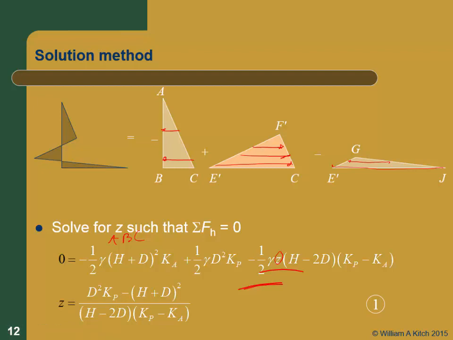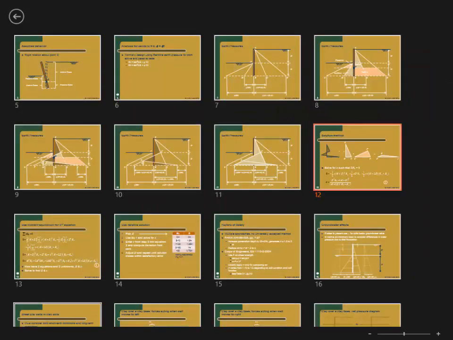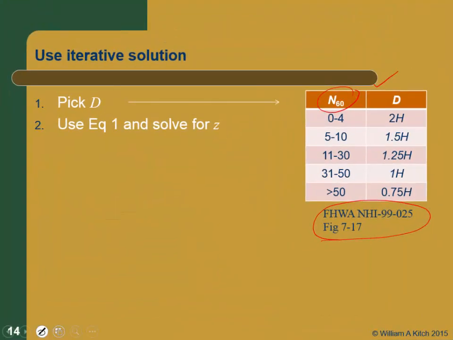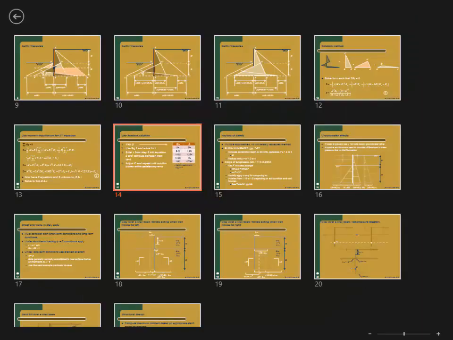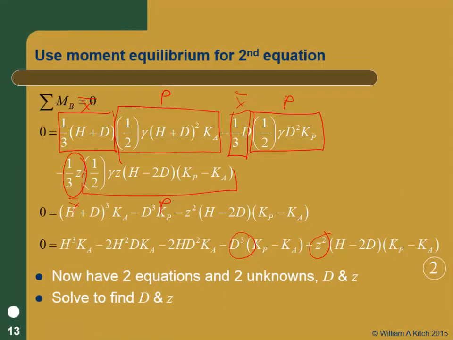So we're going to pick a d, calculate z. And then we'll take z from this step and put that in equation 2.